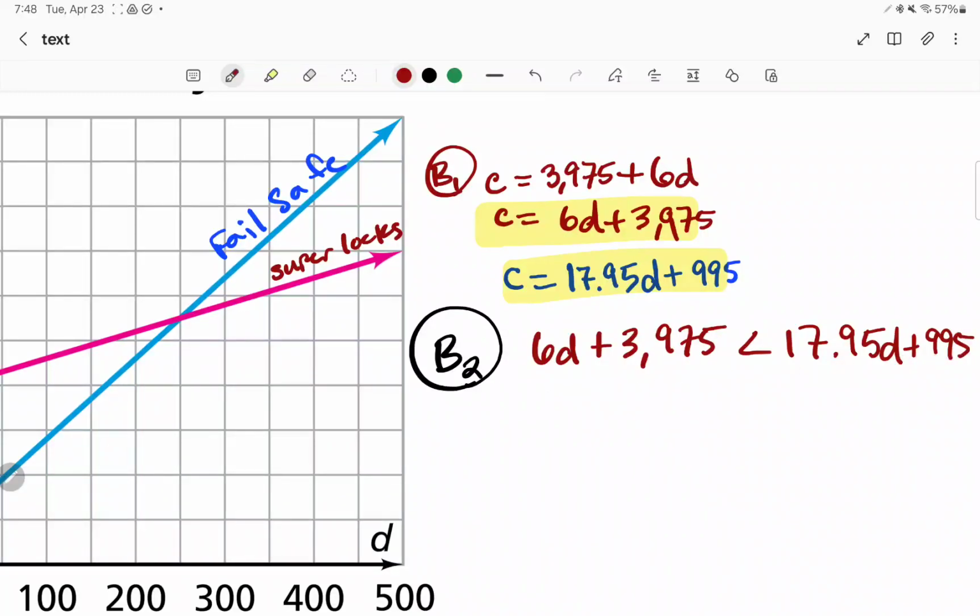And you notice this is the exact same thing that we did. So when we go through and solve this, just like what we did, we ended up with D was on the right side, so this is going to be D is greater than 249.37. Like that. Let me erase this in here.